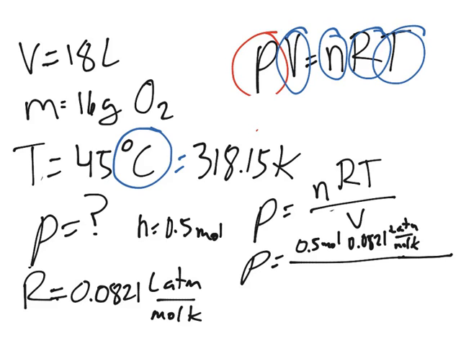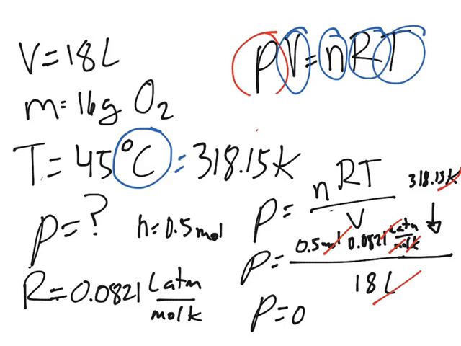And then right here, 318.15 Kelvin over 18 liters. So you can see that the units will go, that we have moles up here, moles down here, Kelvin up here, Kelvin down here. And then these liters will go with these liters, just leaving atmosphere. And I get about 0.725 atmosphere.